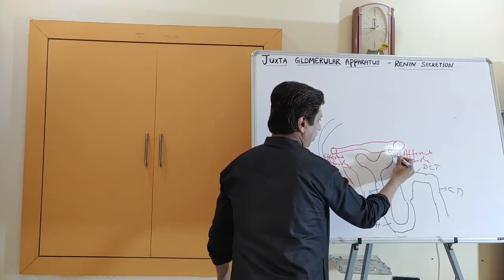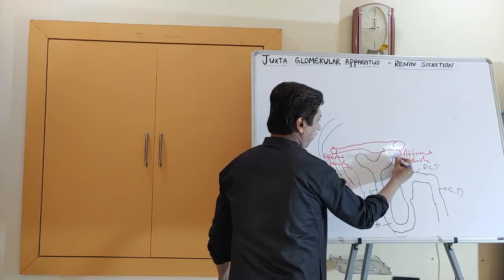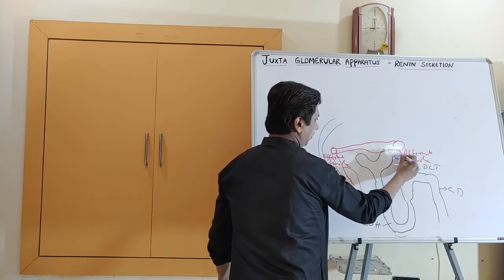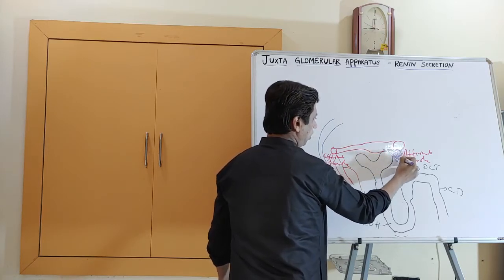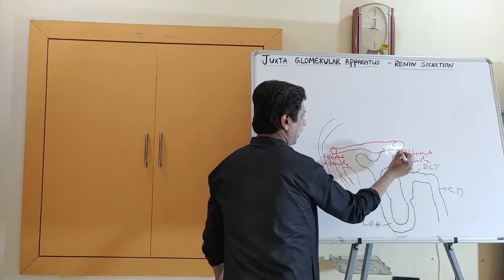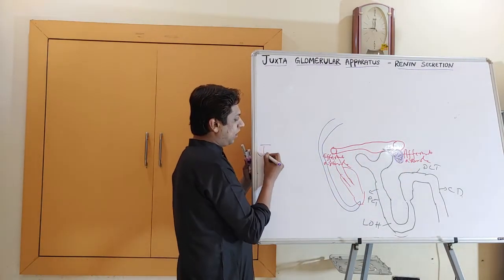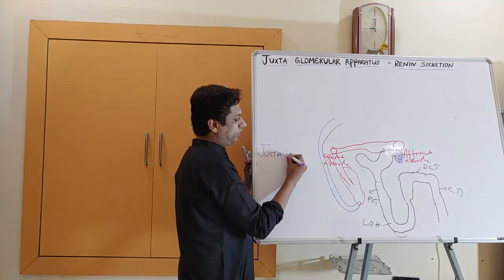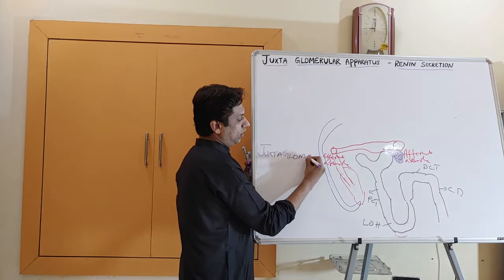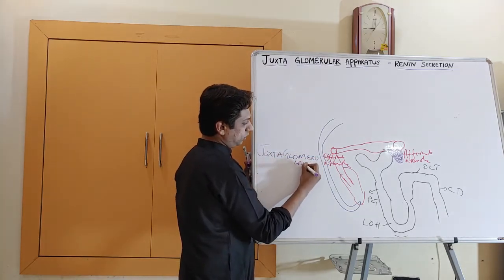These specialized or modified smooth muscle cells near the efferent arteriole in the smooth muscle layer are known as juxtaglomerular cells or JG cells.